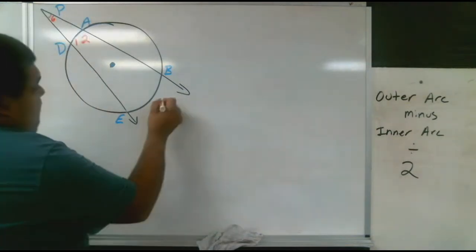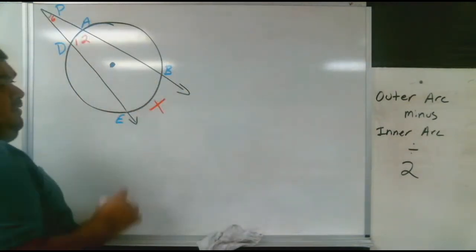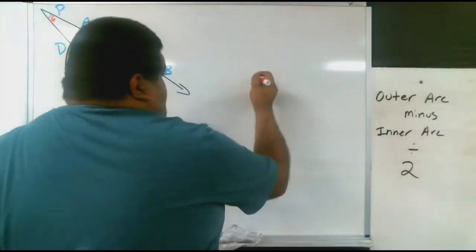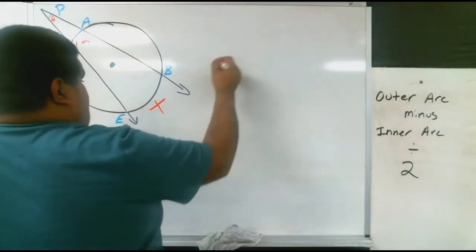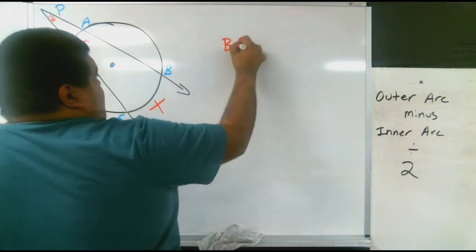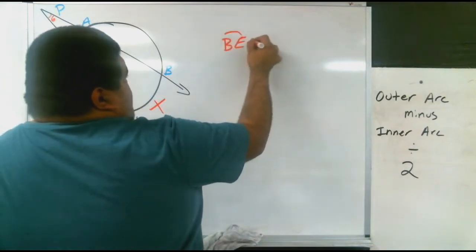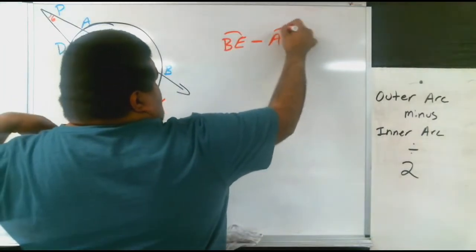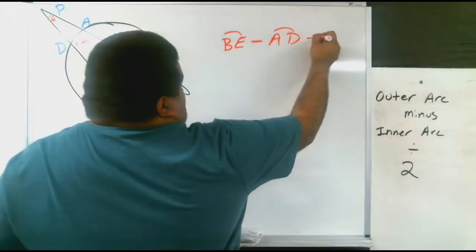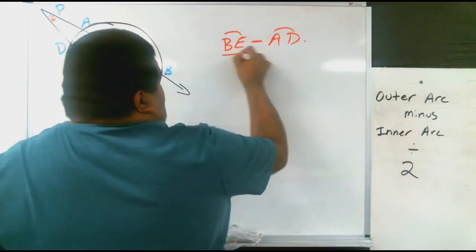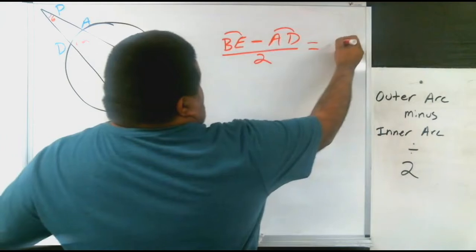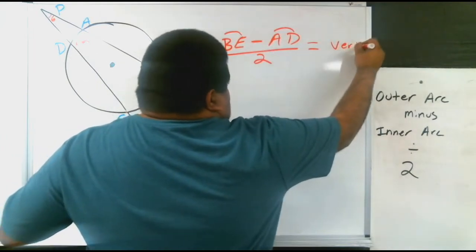We're solving for the outer arc. We still set it up the same way. So we have outer, which is BC or BE, minus inner, which in this case is AD, divided by 2 equals vertex.